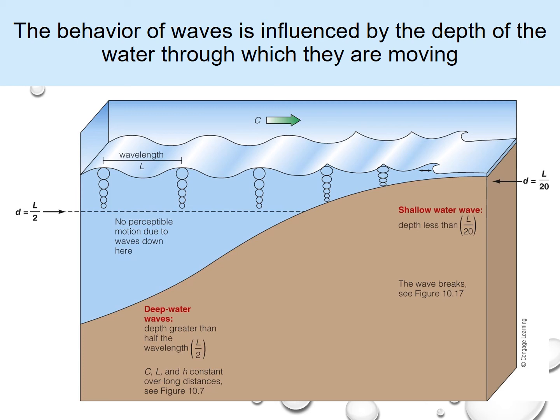A shallow water wave is defined when the water depth is less than the wavelength divided by 20, and the wave breaks. And anything between deep water waves and shallow water waves are called transitional waves.